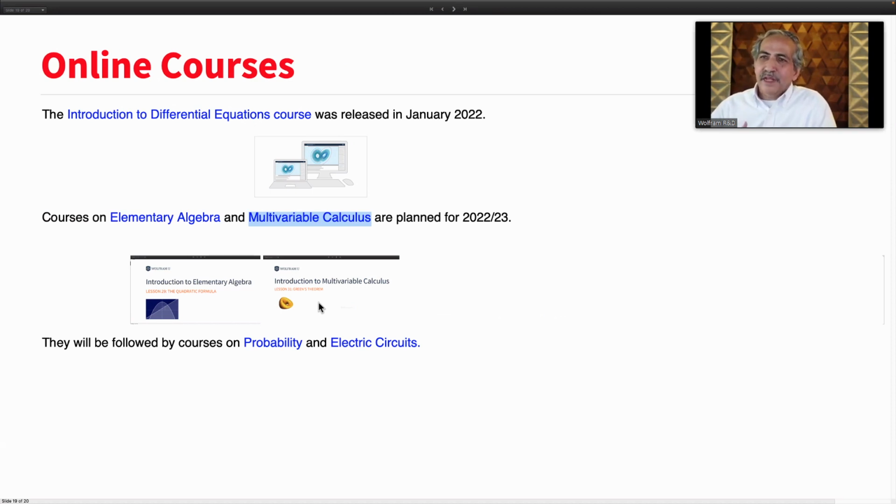But to me, and to Roger Germundsson, the director of R&D at Wolfram, we both really want to push ourselves beyond calculus and algebra itself. So we plan courses on probability and circuits. Right now, we are about to finish the first part of the probability course on the central limit theorem, all that.